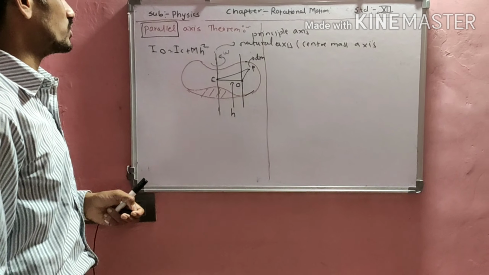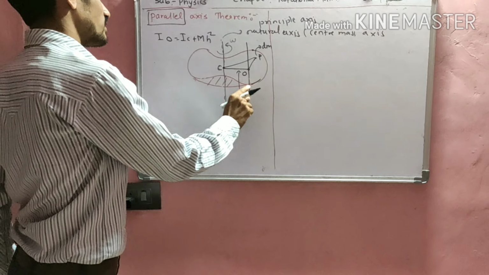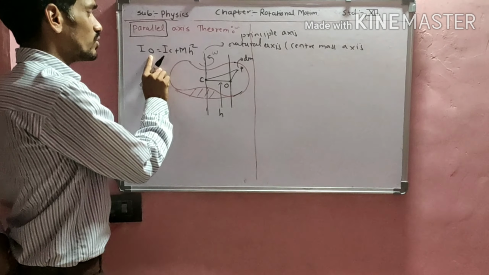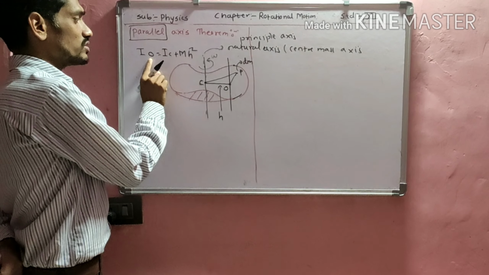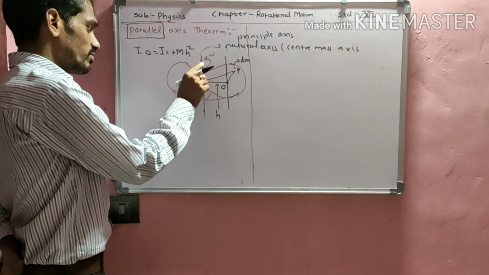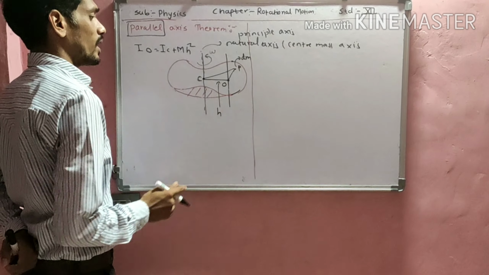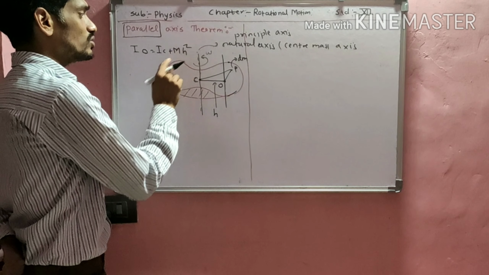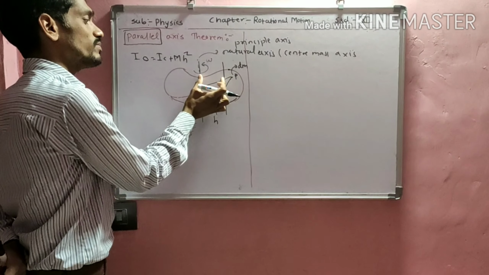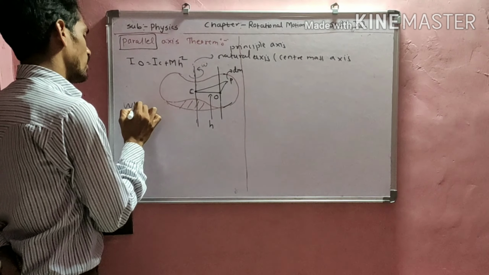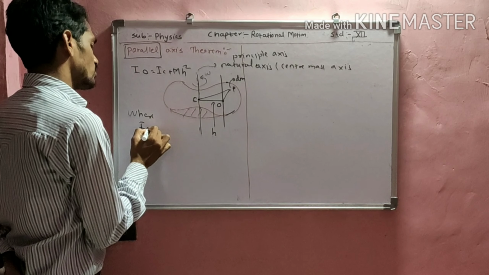It means the moment of inertia about this axis, IO, is equal to the moment of inertia about the center of mass axis, IC, plus the mass of the body m into the square of the distance h between the parallel axes.